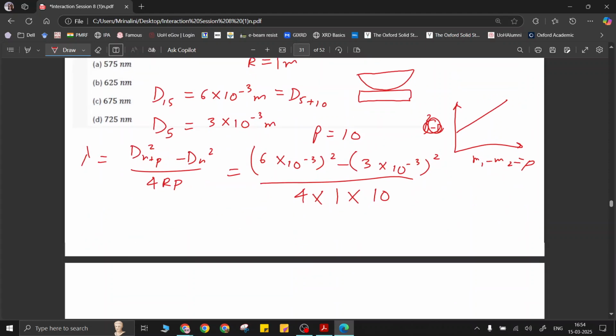Calculating this: 6 squared means 36, minus 3 squared means 9, and 10 to the power minus 3 squared means 10 to the power minus 6, divided by 40. 36 minus 9 means 27.